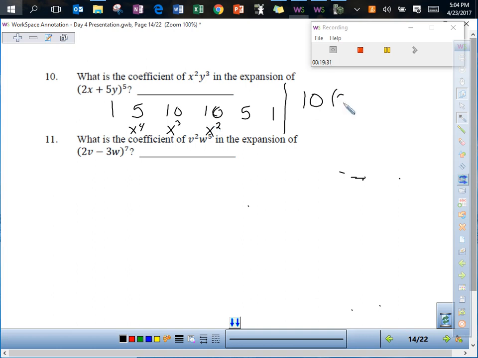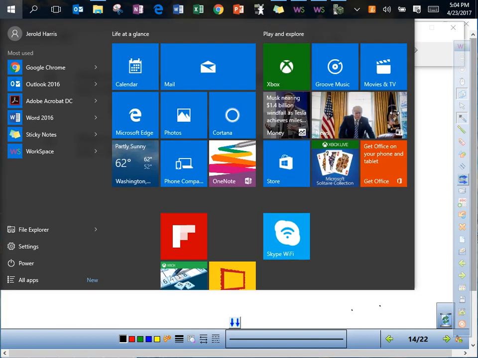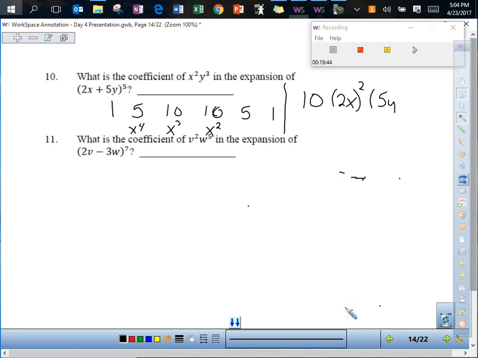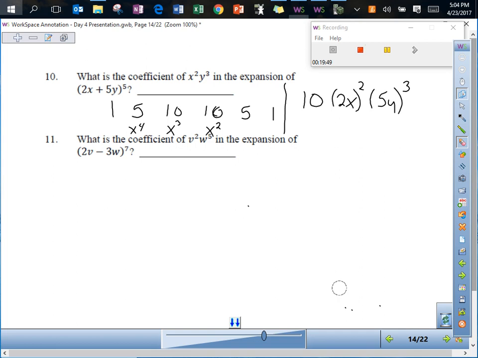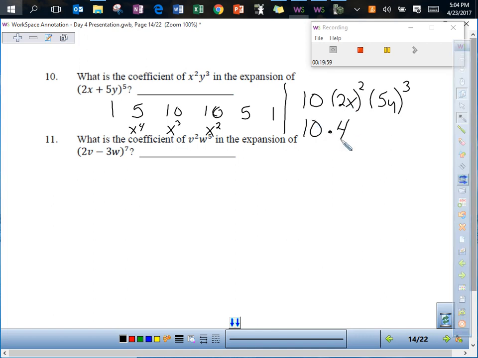I'm also going to have 2x, that quantity, squared, times 5y to the third. Now, we're worried about the coefficient. So grab your calculator or your brain. The coefficient then is going to become 10 times 2 squared is 4. 5 cubed is 125.